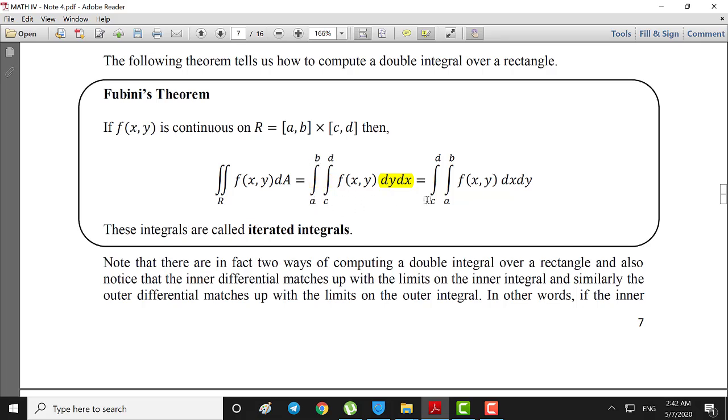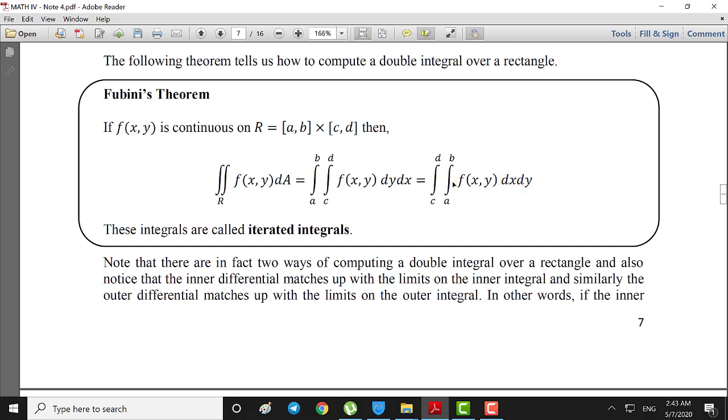And if the differential that you decide to write is dx dy, then the outer integral should have the limits for y, which is from c to d, and the inner integral should have the limits for x, which is from a to b. Okay?